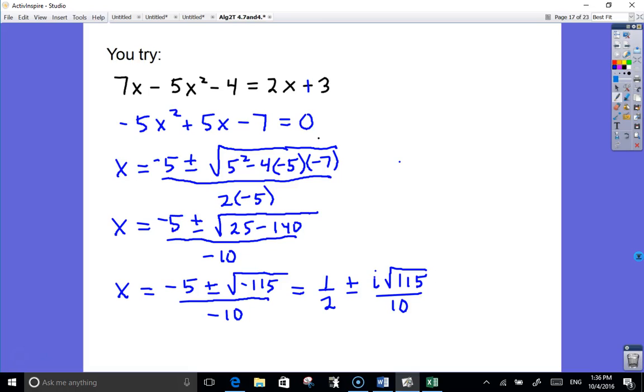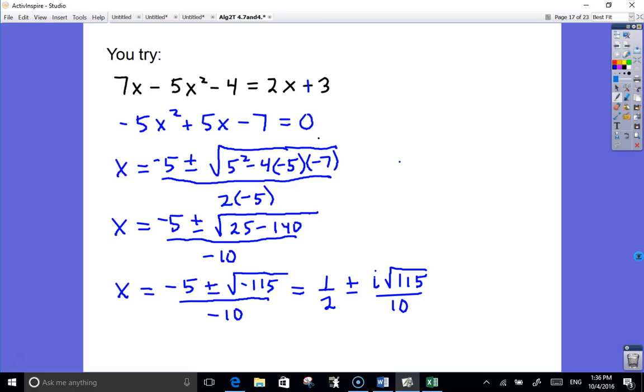It was over negative 10, but when I split it into two, because a lot of you had this, negative 5 plus or minus square root of negative 115 over negative 10. Of course, the negative comes out of the radical as an i, and then I split it into two terms. Negative 5 over negative 10 is positive 1/2, and since there's a plus or minus anyway in front of this term, you don't have to carry a negative 10, because it's still going to be plus or minus.